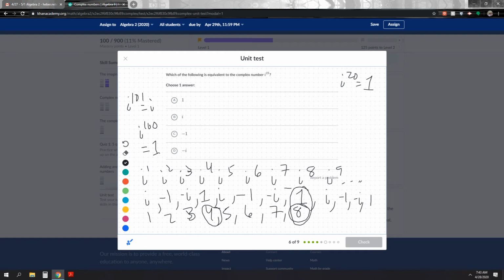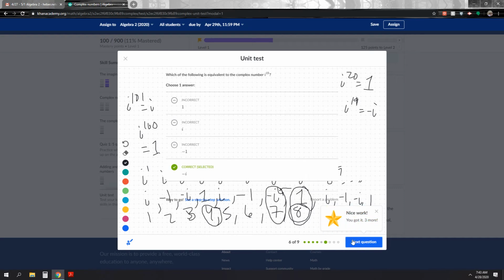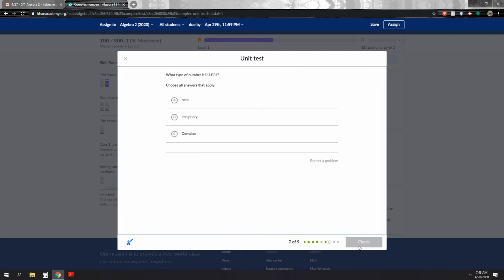The one right in front of that is negative i. So i to the 19th must be negative i. This is new. You may want to watch the video on this one, but this basic pattern will hold all the time.